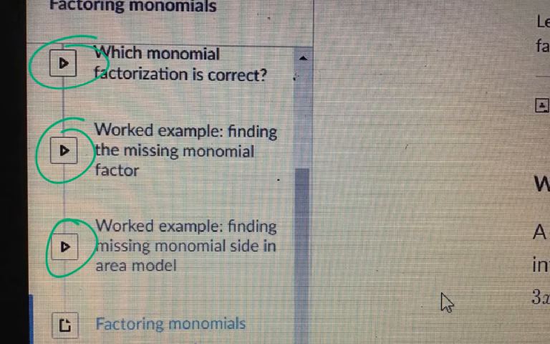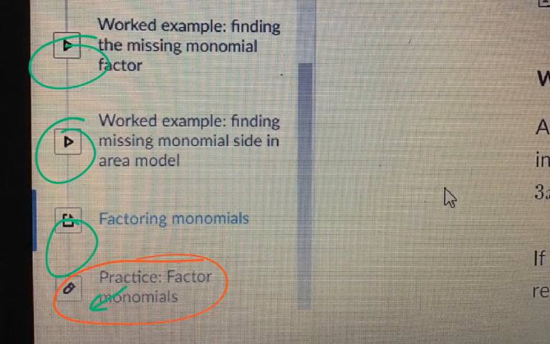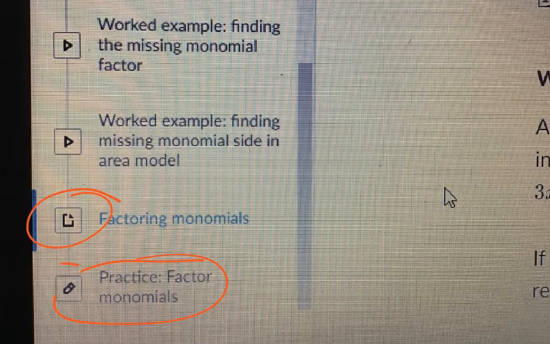That means they're videos. You can. Don't bore yourself with the videos unnecessarily, right? Focus on the notes. Focus on the practice problems, as you can see as I moved up the screen right there. So, bottom line, these are the things I want you to focus on.